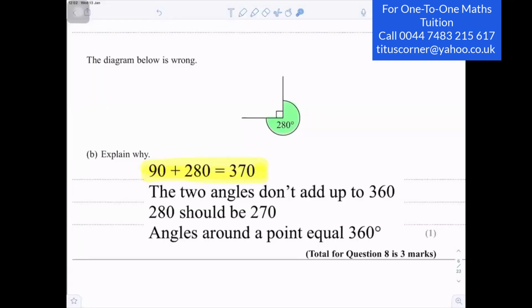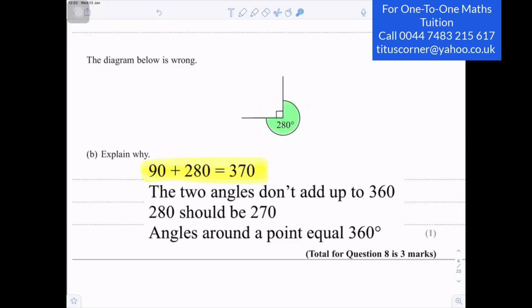The diagram below is wrong. Explain why. When you add 90 plus 280, you get 370. So the 2 angles don't add up to 360. They should add up to 360.